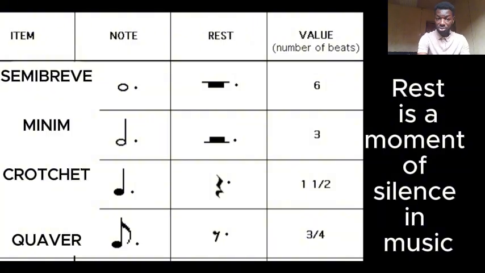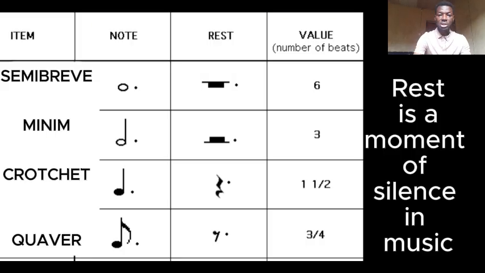So a semibreve has a semibreve rest, and they both have the same number of beats. Only that for the musical notes you will hear a sound, but for the rest it will be silent for 4 beats. For the musical notes you will hear a sound that will last for 4 beats.